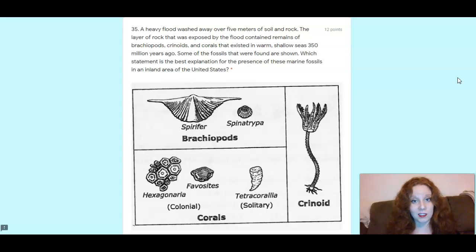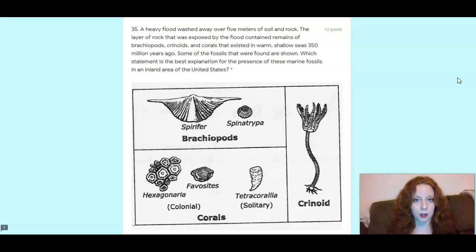Honestly, that's really the only information you need here. If you have no idea what a brachiopod is, or how to pronounce it, you've never seen that word before, please do not flip out and think that you're dumb, because you're not. You don't need to know that word to answer this question. That does not even need to be a blip on your knowledge radar.